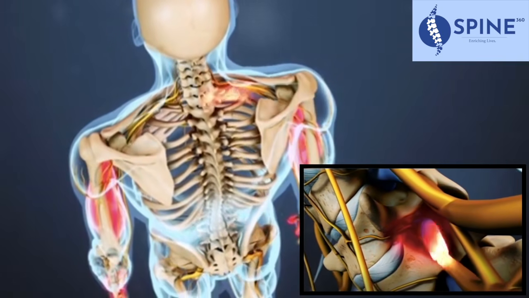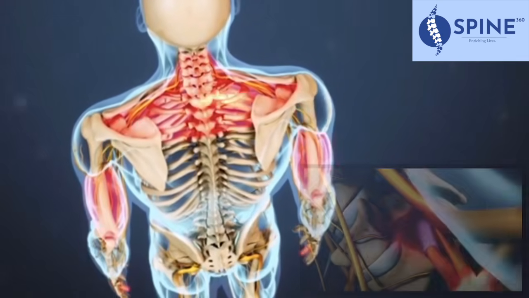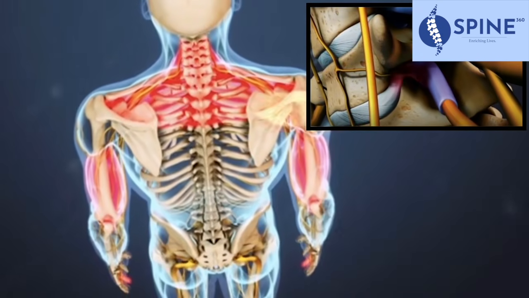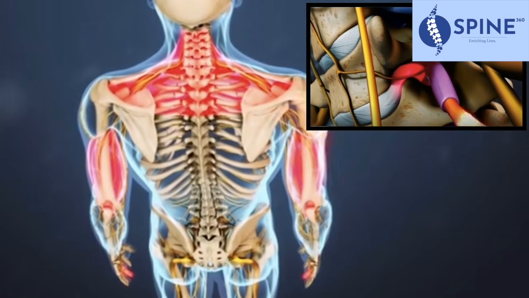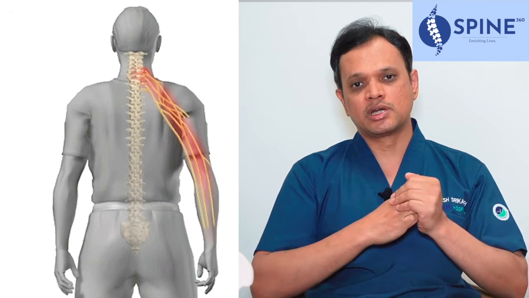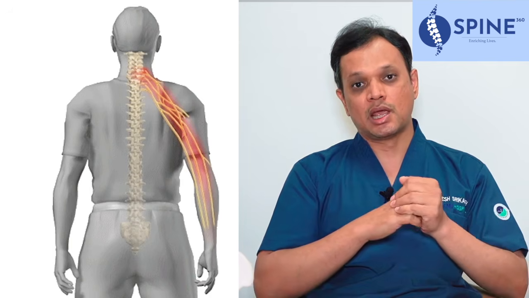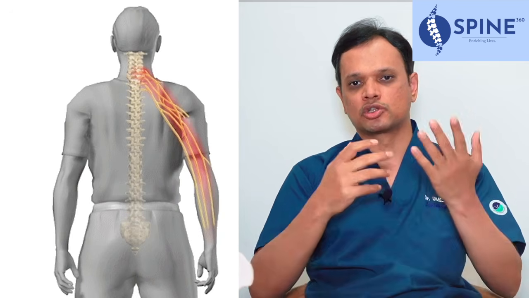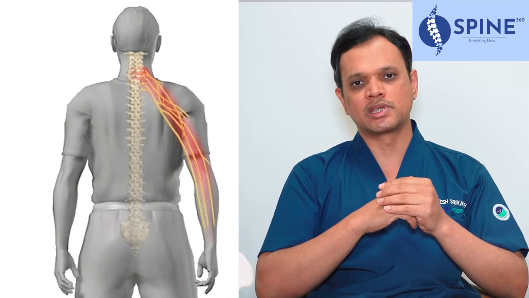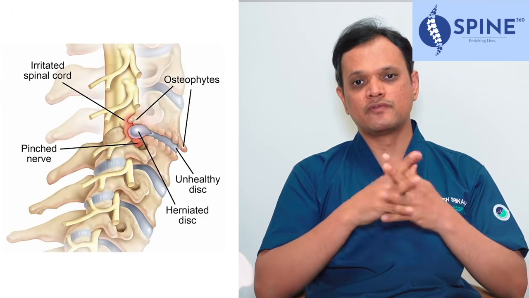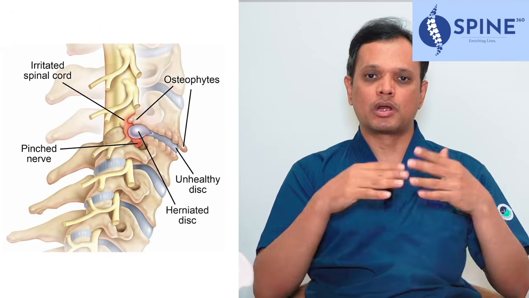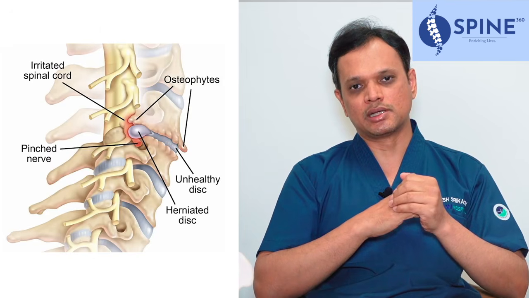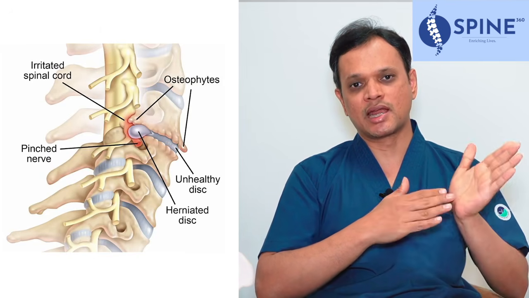In these cases, pain usually travels along the distribution of the nerve, causing arm pain or hand pain, which can also be associated in some cases with numbness, and in severe cases with weakness of the hands, arm or shoulder, or whichever particular nerve is getting involved. These are more severe cases which require more urgent intervention in some of these cases. So this is the second pattern.